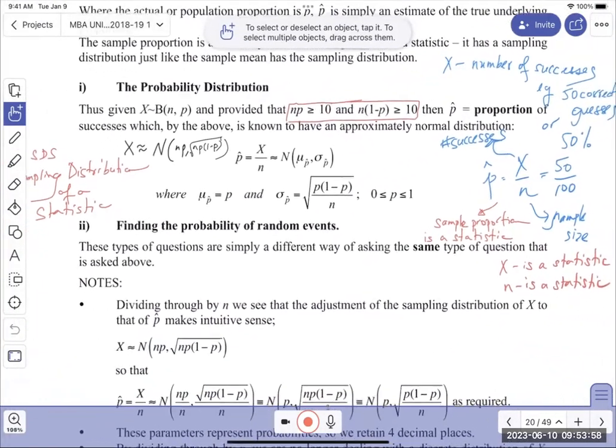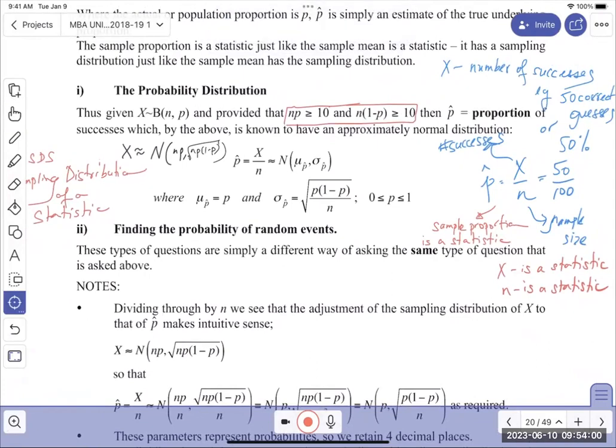Okay, so since the properties are true, then X is approximately normal with mean np and standard deviation the square root of np(1 minus p). Then what about p hat? How do I find the mean and standard deviation of p hat?